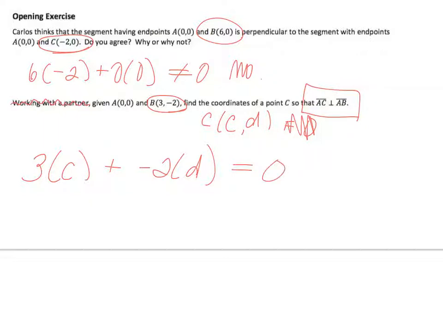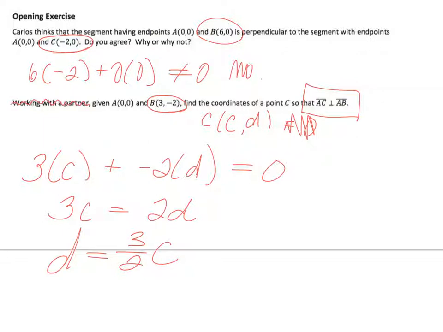What do you think? Okay, that means AC would be perpendicular to AB as long as we chose values for C and D that made that a true statement. So let's try to solve for it a little bit. Let's say that D equals 3/2 times C. So we need some values that would make this true.